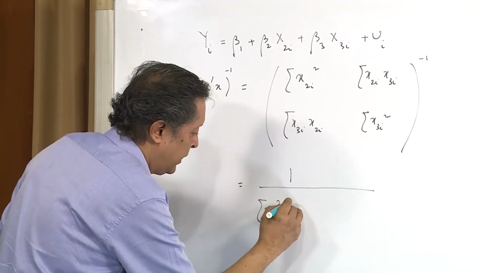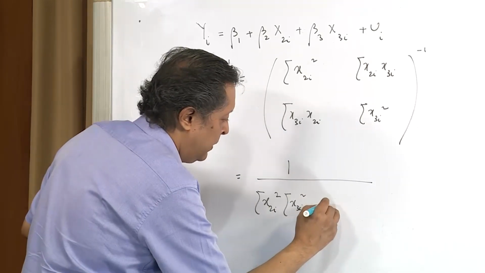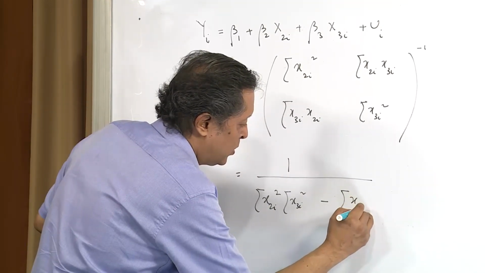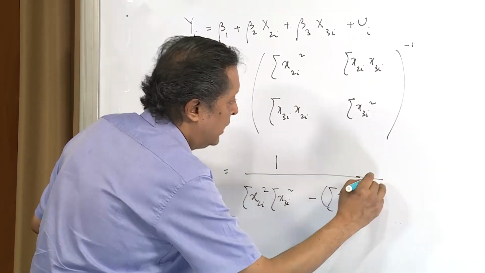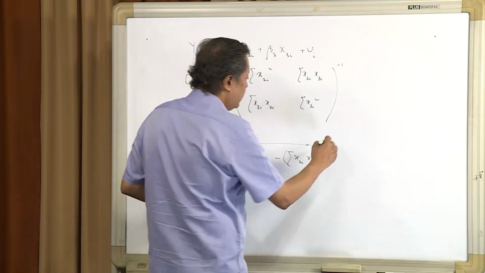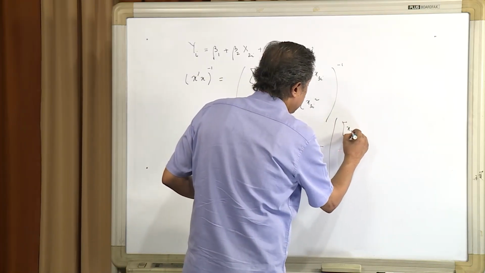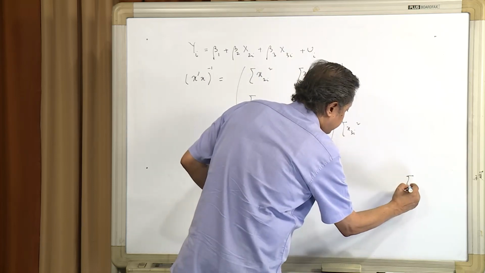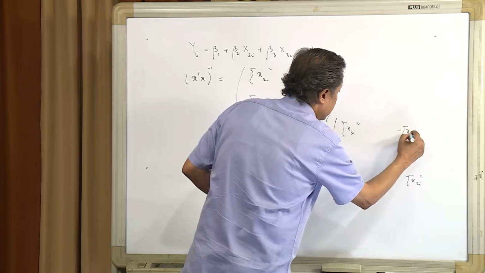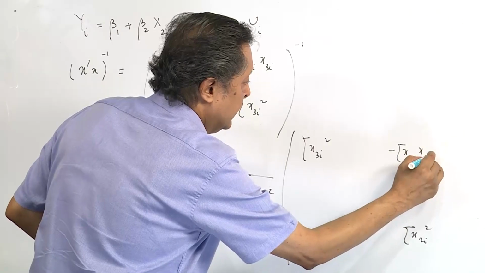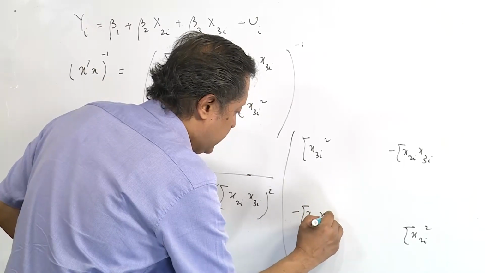summation x2i square times summation x3i square minus summation x2i x3i whole square, which is nothing but the determinant, times the matrix with entries summation x3i square, minus summation x2i x3i, minus summation x2i x3i, and summation x2i square.